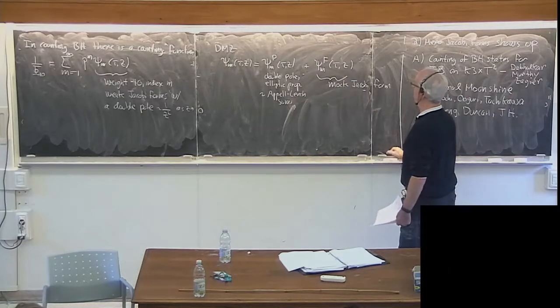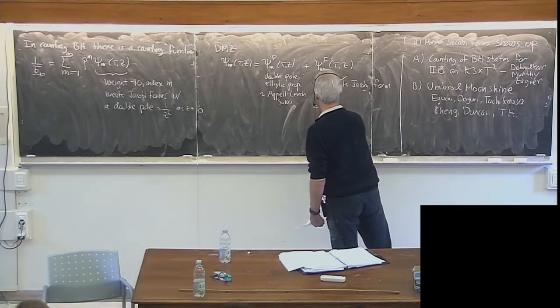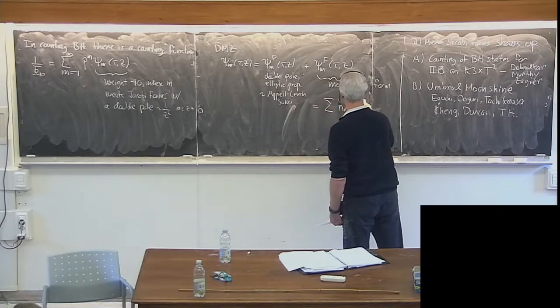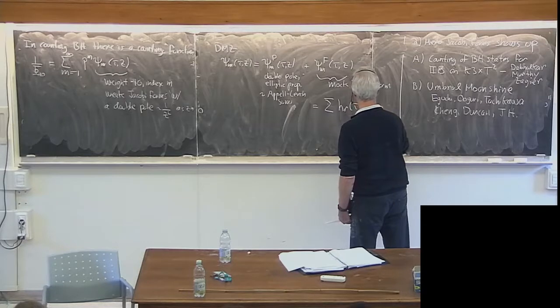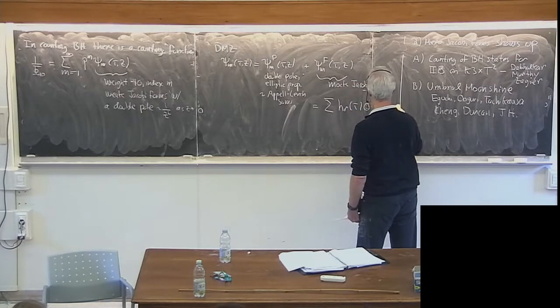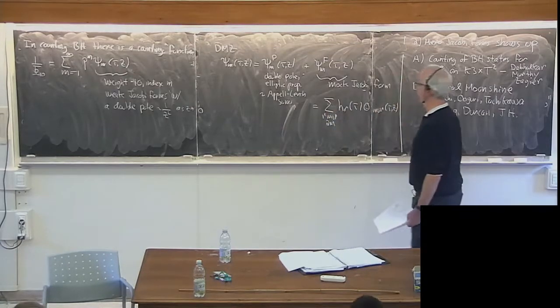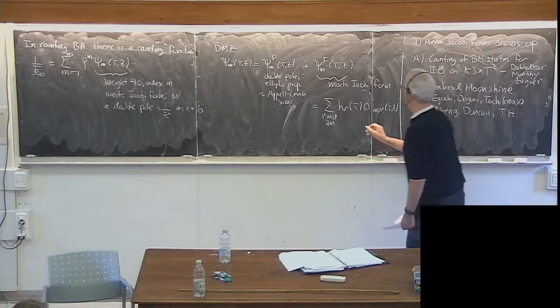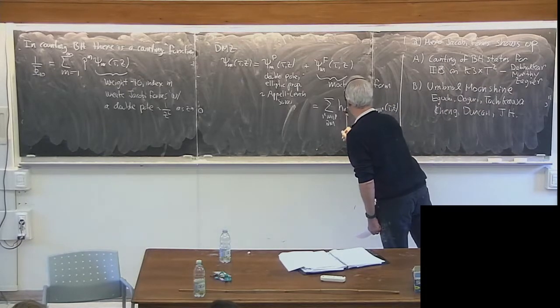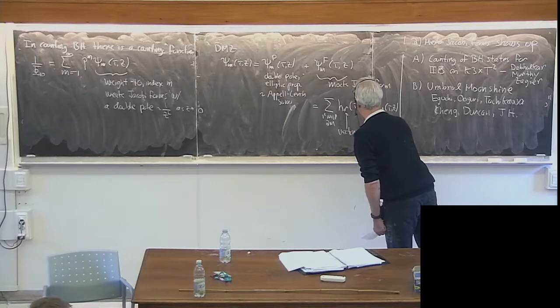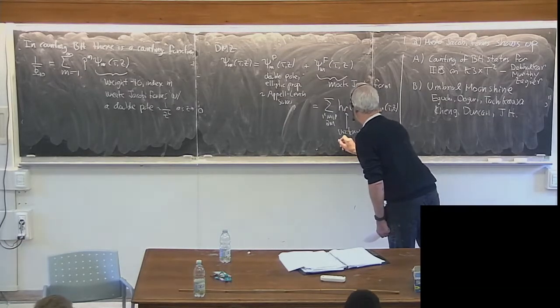And this mock Jacobi form has an expansion of the type that we wrote down for usual Jacobi forms. But for a usual Jacobi form, we said that this quantity was a vector-valued modular form, but it turns out here it's a vector-valued mock modular form.